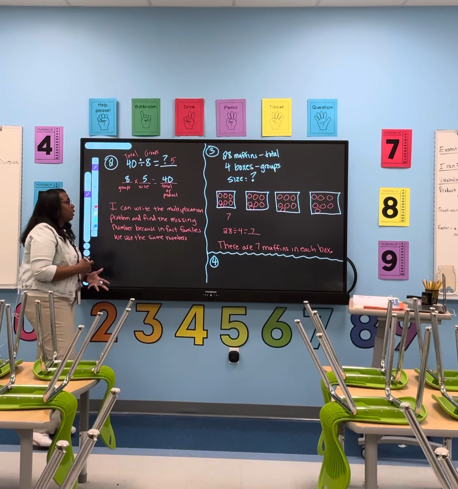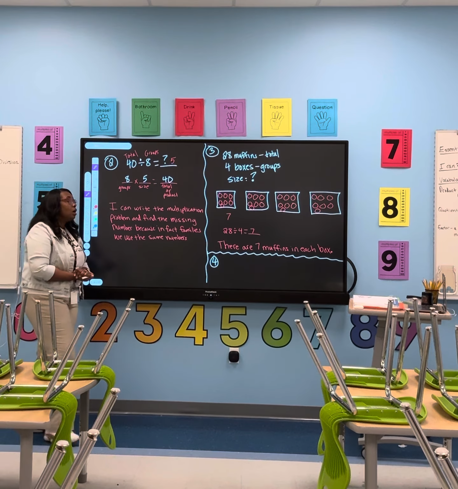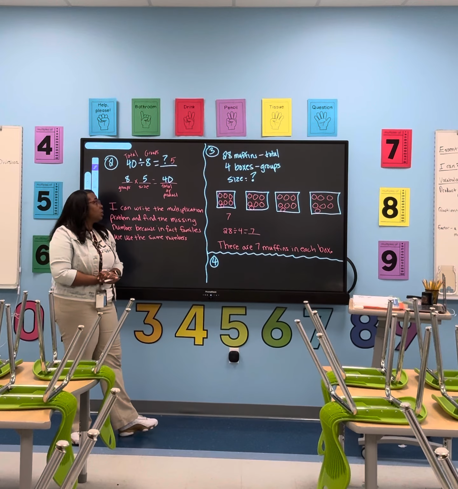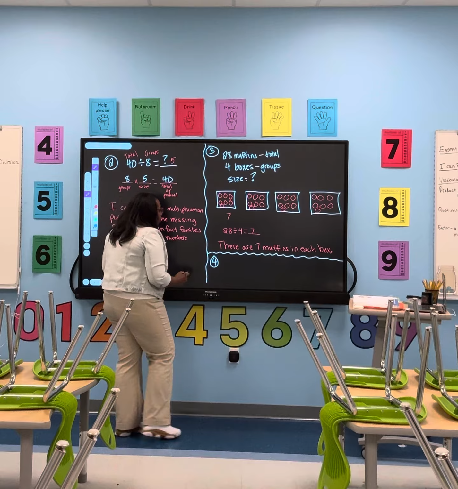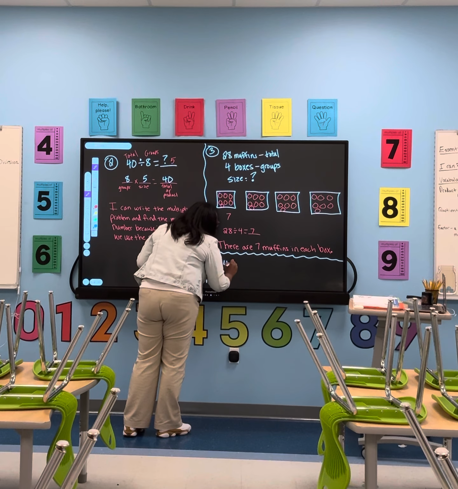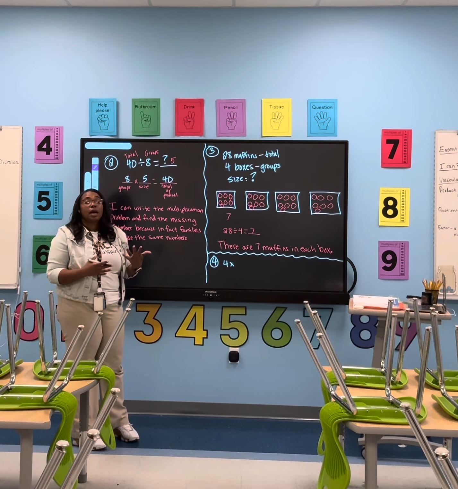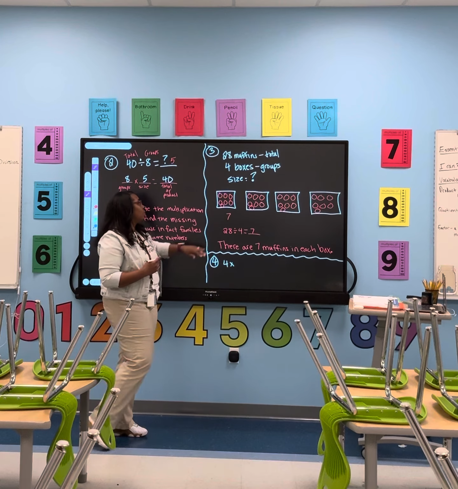And if I want to write the matching multiplication fact to that division equation, all I would have to do is change the order of my numbers. So my groups was 4, so I'm going to put 4 first, because remember, in my multiplication sentence, my groups usually go first. Then the size is next, so 4 times, and the size we figured out was 7.